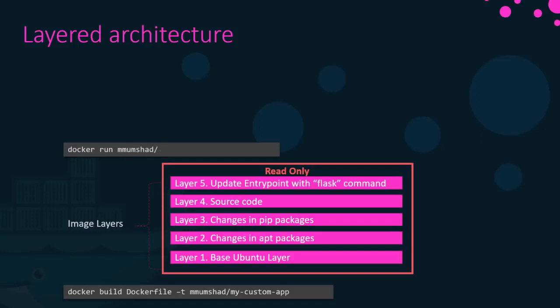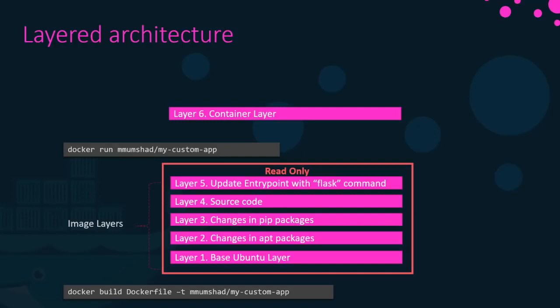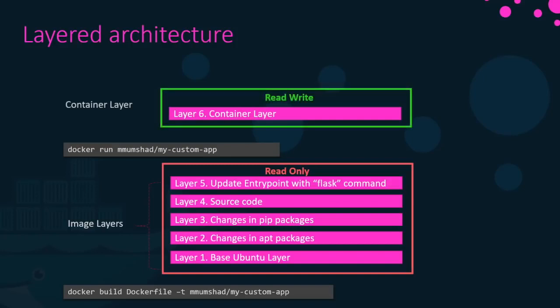When you run a container based off of this image using the docker run command, Docker creates a container based off of these layers and creates a new writable layer on top of the image layer. The writable layer is used to store data created by the container, such as log files written by the applications, any temporary files generated by the container, or just any file modified by the user on that container.